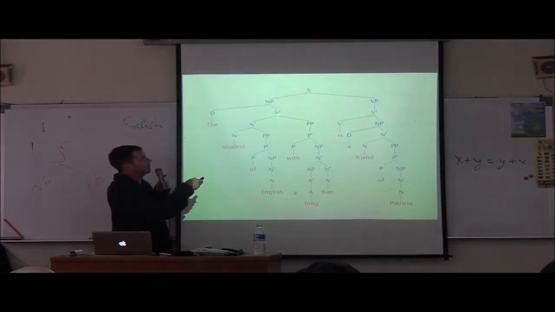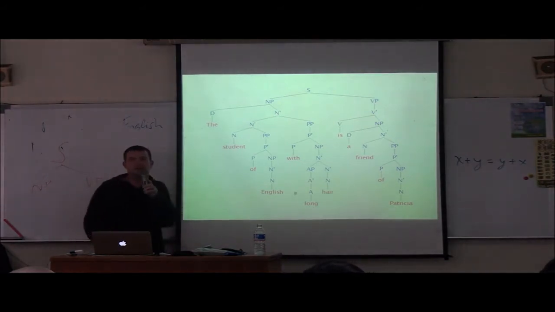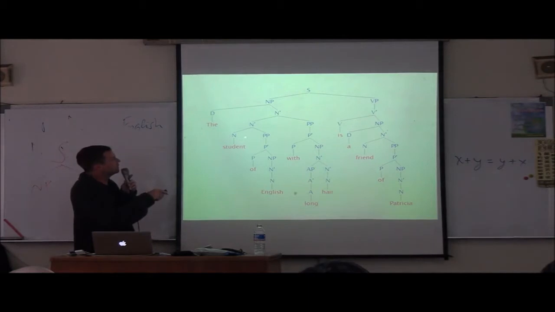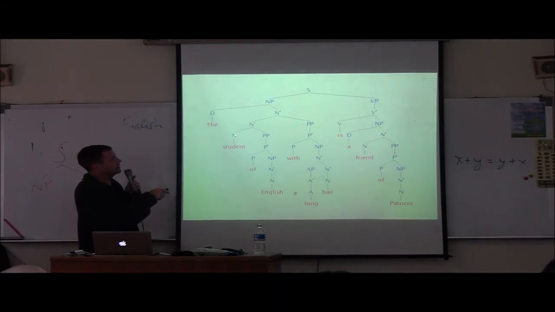Adjuncts are the daughters of N bar and sisters of N bar, or daughters of X bar, sisters of X bar. Student of English is a head and its complement. Complements are the daughters of X bar and the sisters of X. This prepositional phrase consists of a head and its complement.